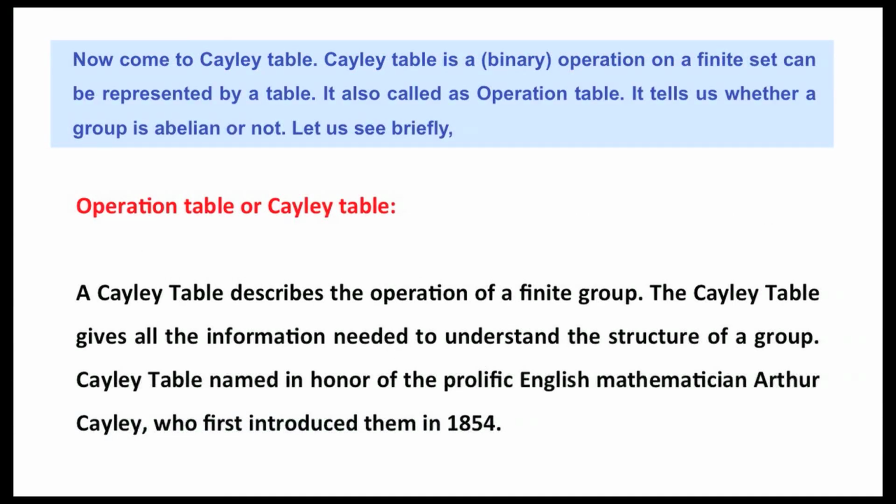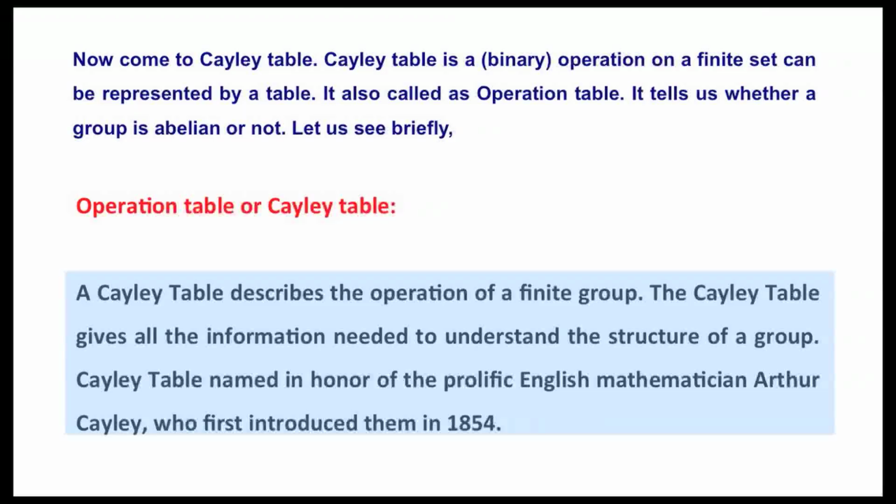Now come to Cayley tables. A Cayley table, a binary operation on a finite set, can be represented by a table. It is also called an operation table. It tells us whether a group is Abelian or not. Let us see briefly the operation table or Cayley table.